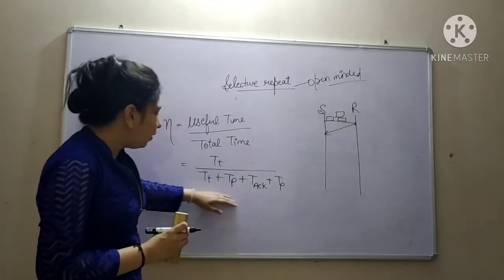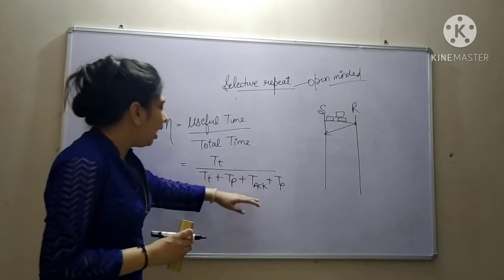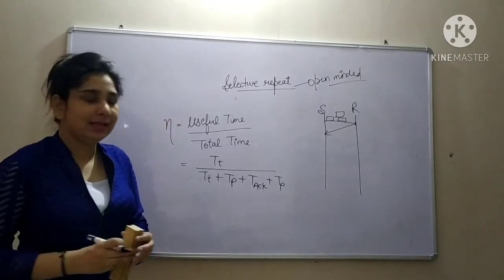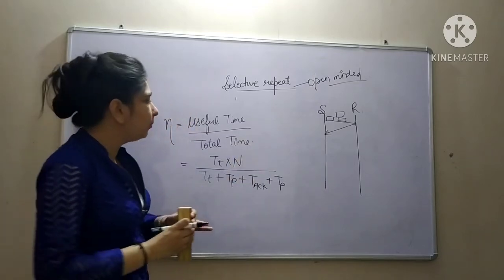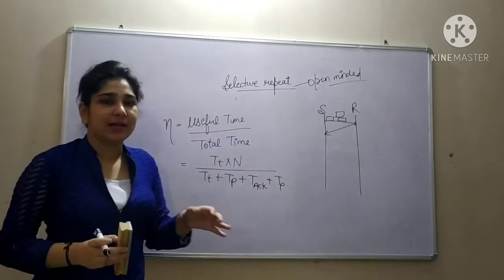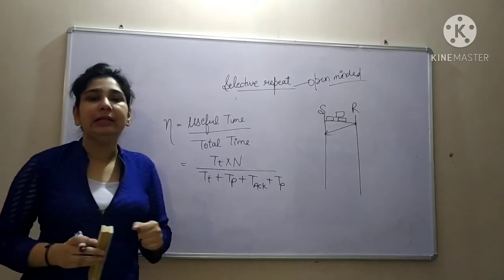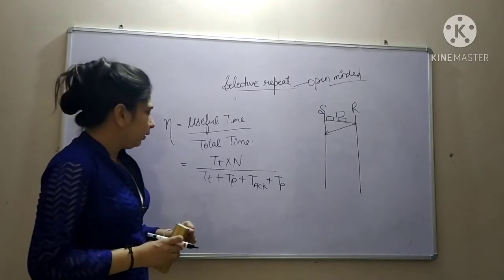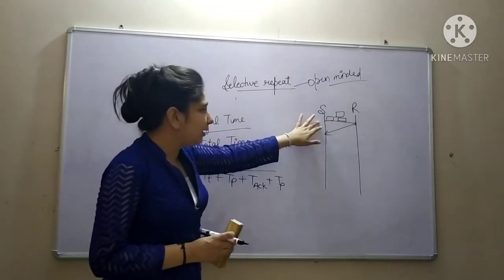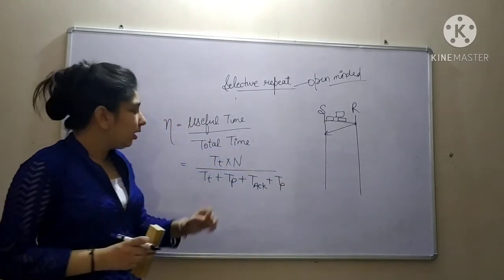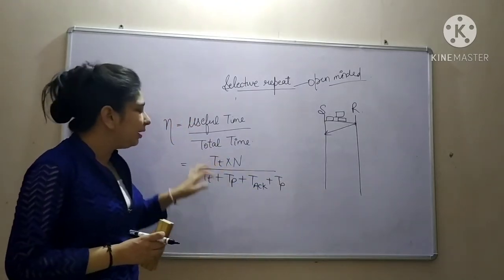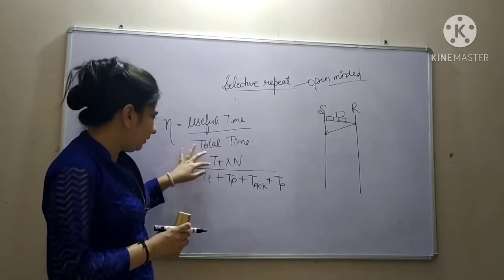Out of all this total time, how much time are we utilizing? That really depends on n, how many packets we are transmitting in the meanwhile. So this is the total time for transmitting one packet and getting the acknowledgement back. But in the meanwhile, how many packets are you transmitting?